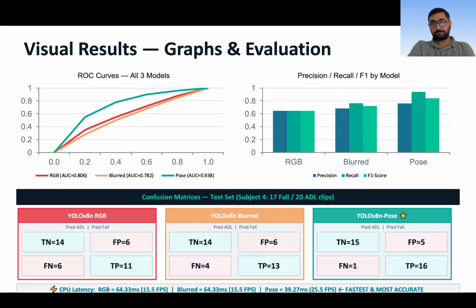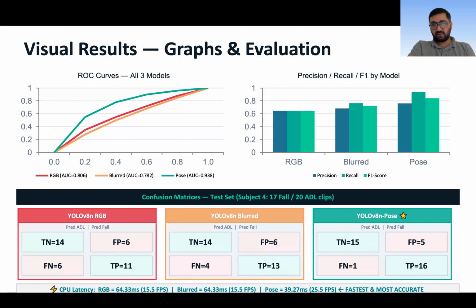Top right, the clustered bar chart comparing precision, recall and F1 across all three models. Notice that for the Pose model, shown in the rightmost group, the recall bar, which represents detected falls, is significantly taller than for RGB or blurred.